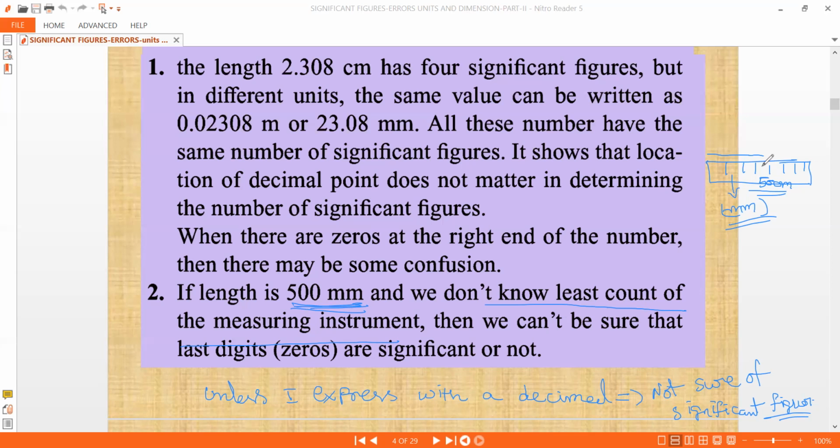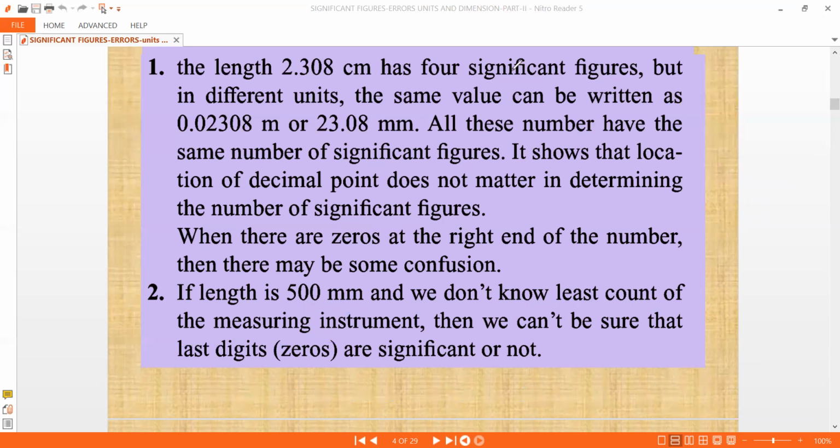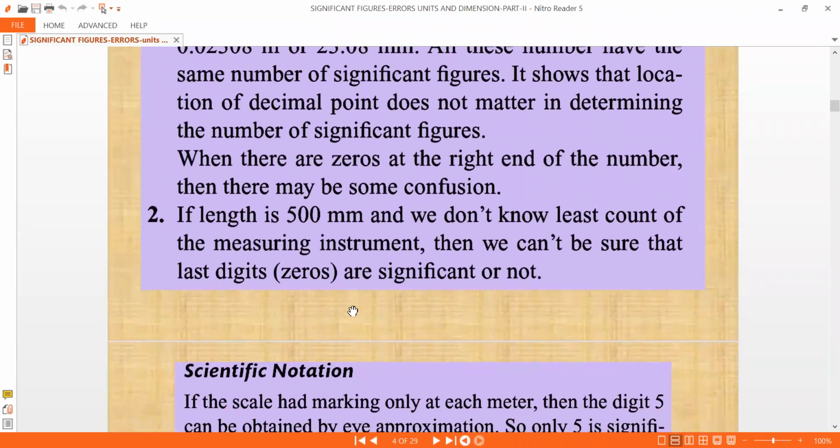But I'm not sure whether it's really 500 mm or not. Significant figures will analyze the measurement very critically. So unless you give this decimal and express in scientific notation, you are not sure of how many significant figures you have.